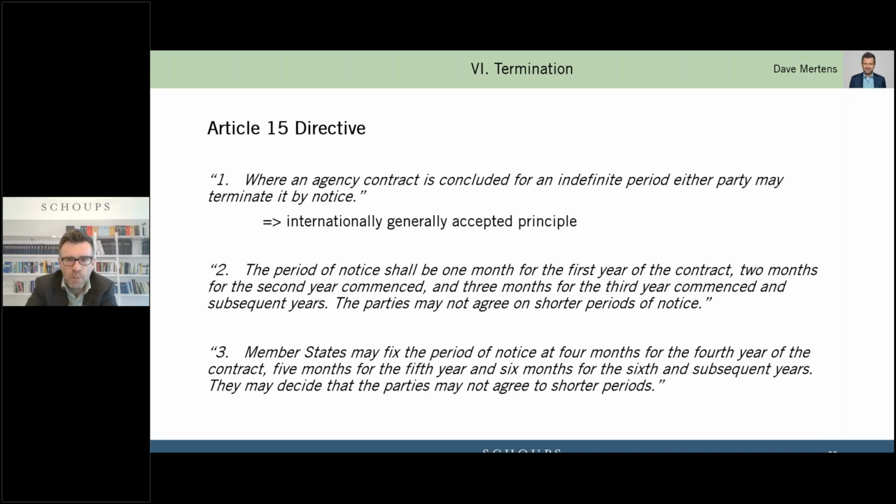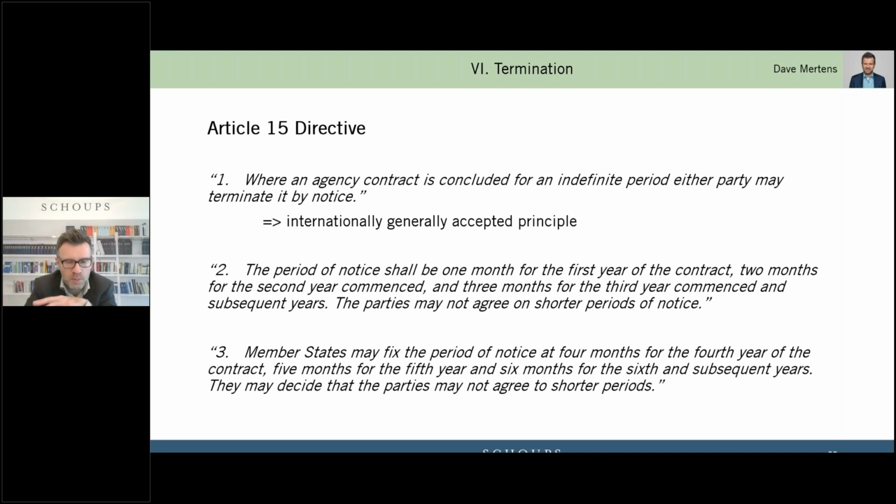be: 1 month per year that is commenced, with a maximum of 3. However, and that's one of the things we talked about, minimum harmonization, member states are allowed to impose a longer period of notice if they so choose, and may decide that parties may not agree on shorter periods, but may agree on longer periods of notice.